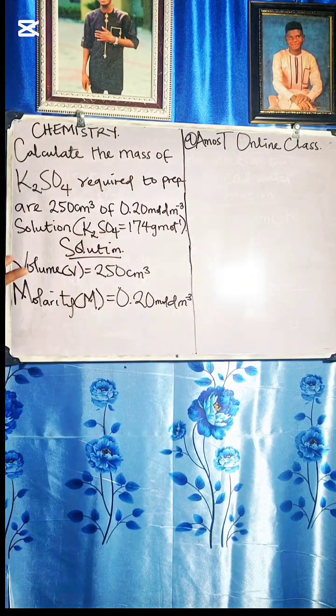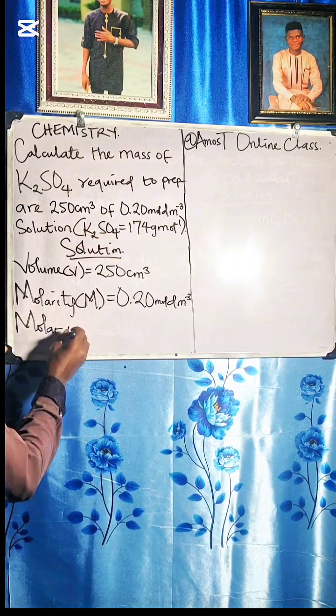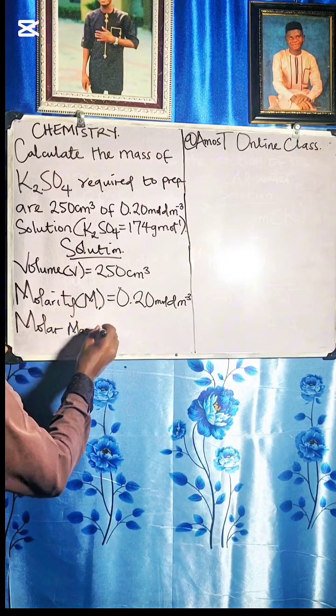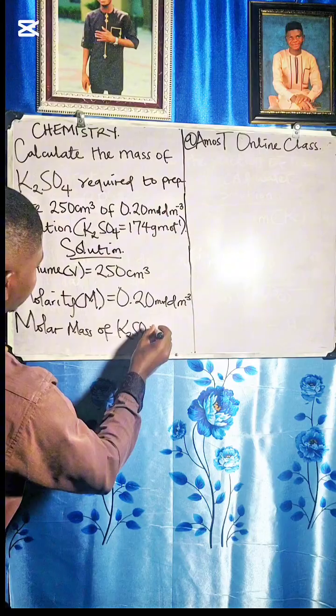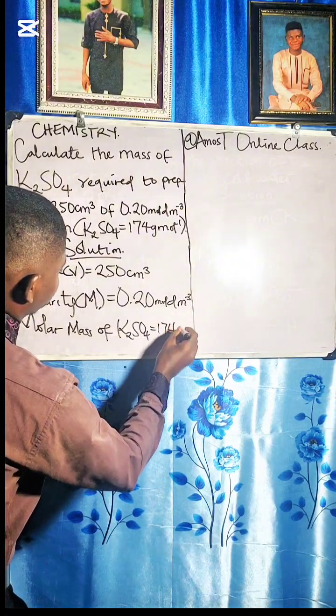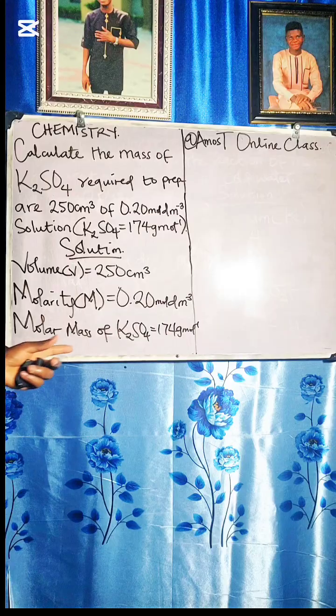And the molar mass is equal to 174 gram per mole.